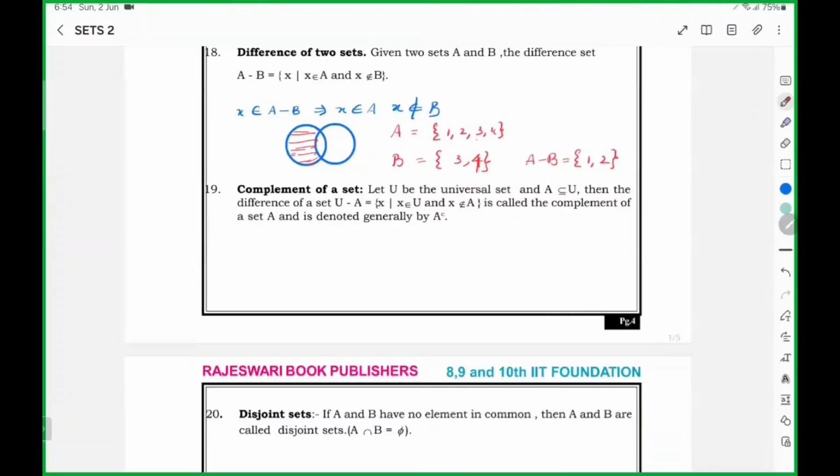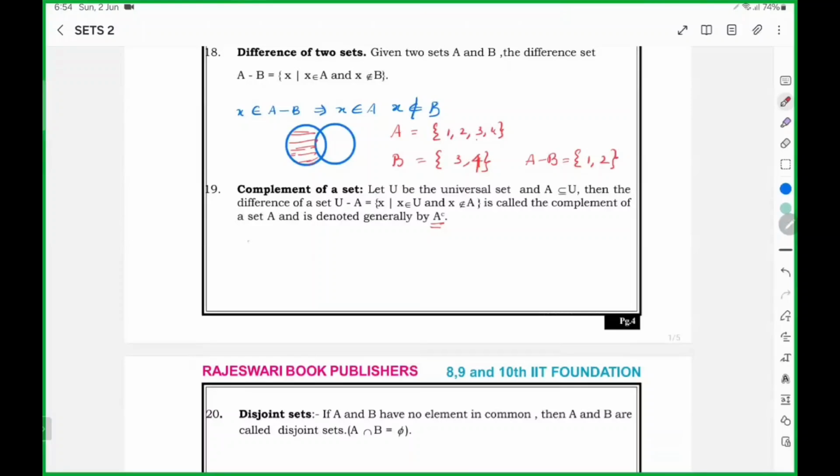So let U be the universal set. Then the difference of U and A is defined as the complement, and it is denoted by this.